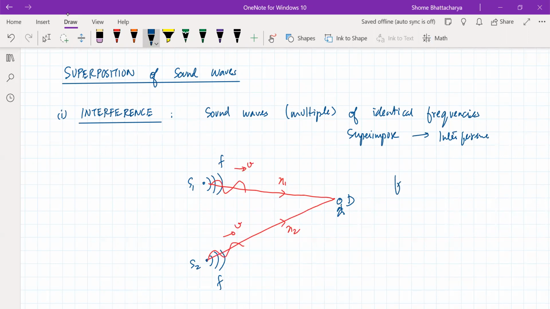So from source S1, if the pressure variation is given by some, let's say, PA, where PA is the amplitude of that source, sine omega t minus kx, and this will be kx1 because it's traveled a distance x1, and from source S2 it is some new amplitude PB, but same omega, same k, different distance, and let's say the sources have some phase difference phi naught.